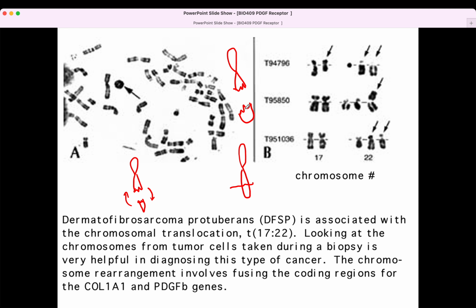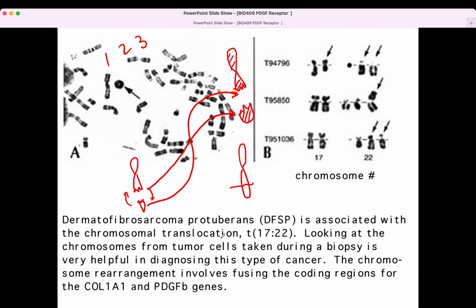Sometimes 2 chromosomes are broken at the same time, and by accident, the cell will join this chromosome piece to that chromosome, and it'll join this chromosome piece to that chromosome. The chromosomes in humans are numbered based on their length. So we have chromosome 1, the longest, 2, 3.